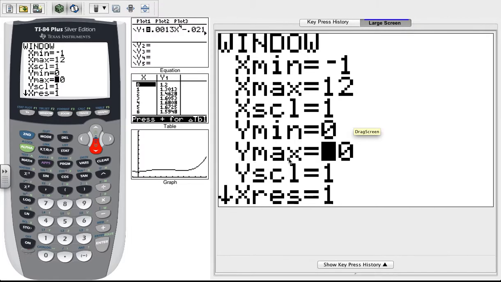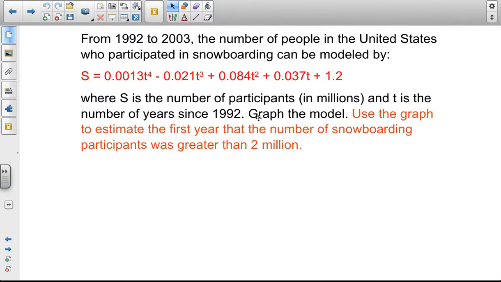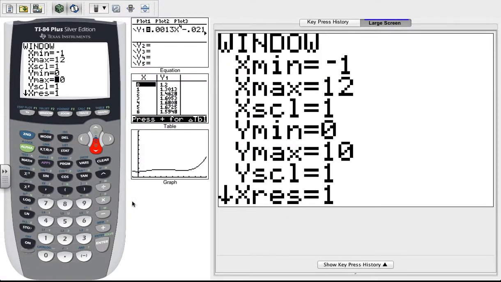My maximum, my total number of snowboarders, remember each one value on my y-axis represents a million. So here, this 10 value represents 10 million snowboarders. I'm not too concerned about that because I need to find where it hits 2 million. So I'm going to change this to 3 so I can really locate and zoom in.